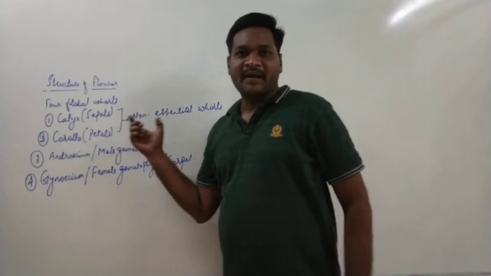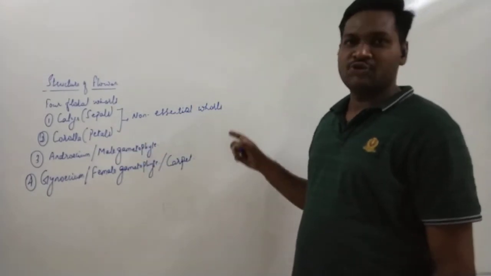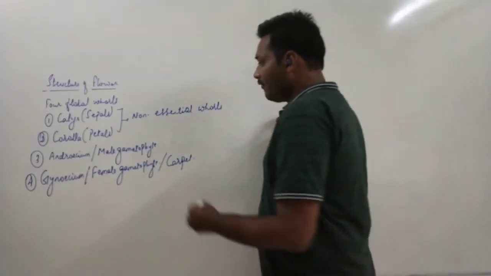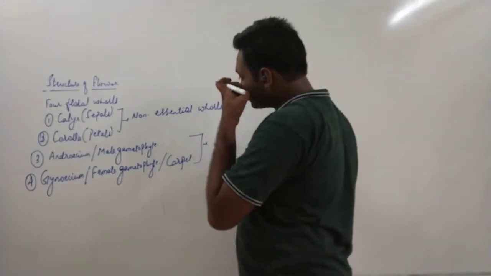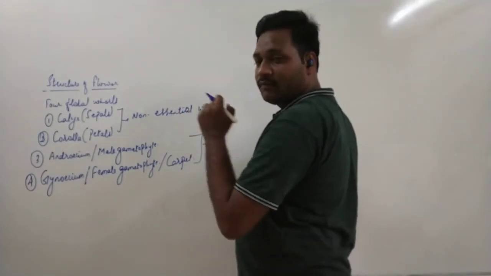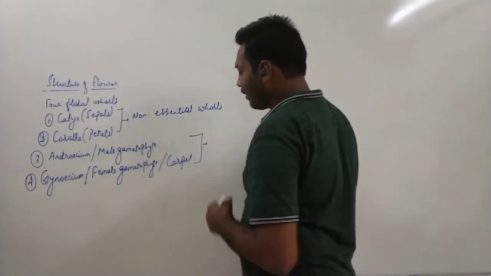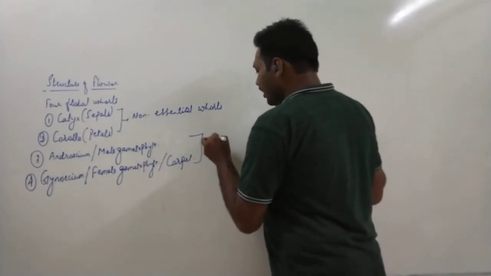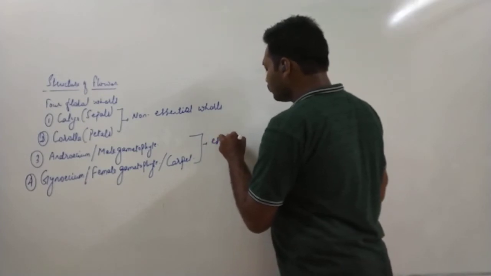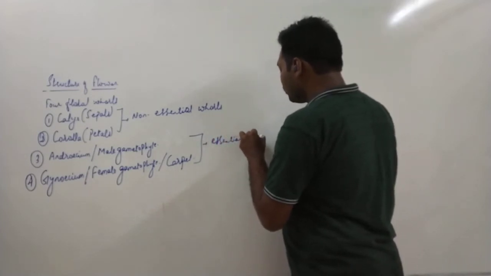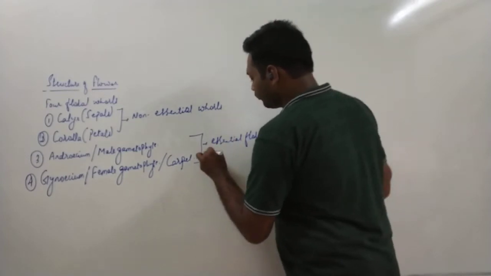Because they do not participate in the process of sexual reproduction. While the androecium and gynoecium represent the sexes of an individual flowering plant, that is the male and the female gamete, so they are referred to as the essential floral whorls.